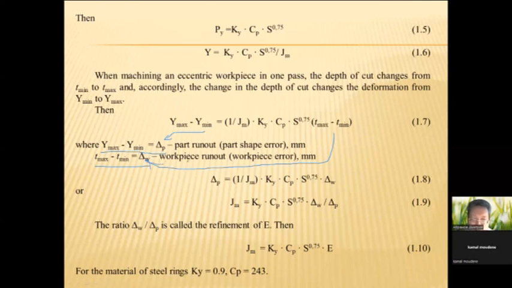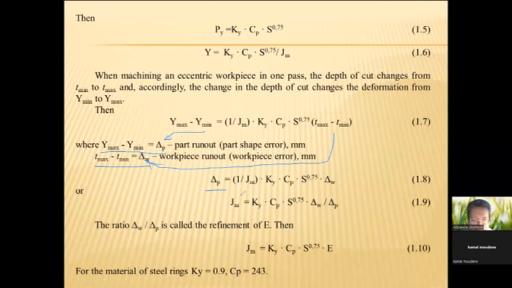Workpiece run out or workpiece error in millimeters too. Delta P is determined by the formula 1.8. We use delta P and delta W in the formula 1.7, and we have formula 1.8.